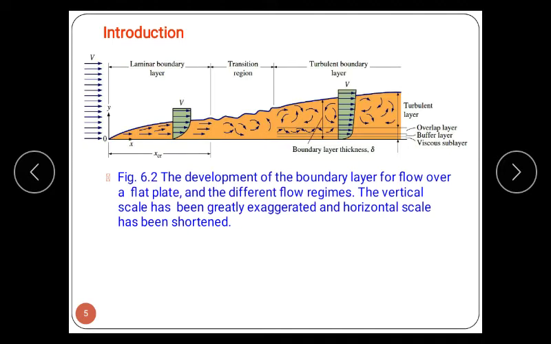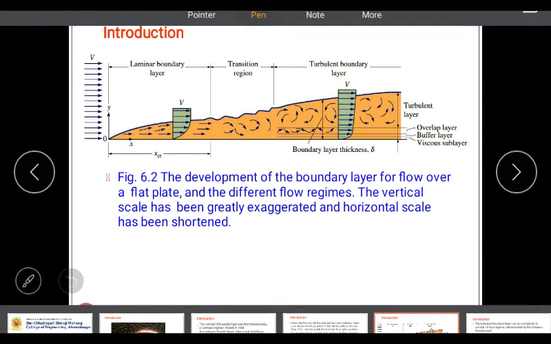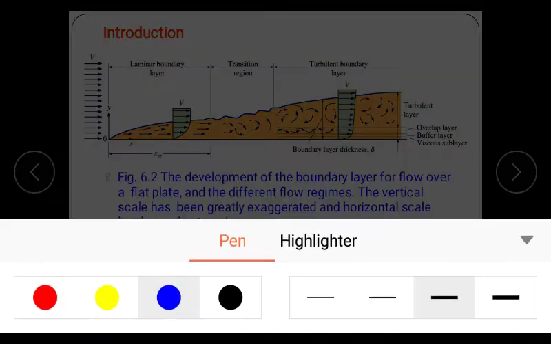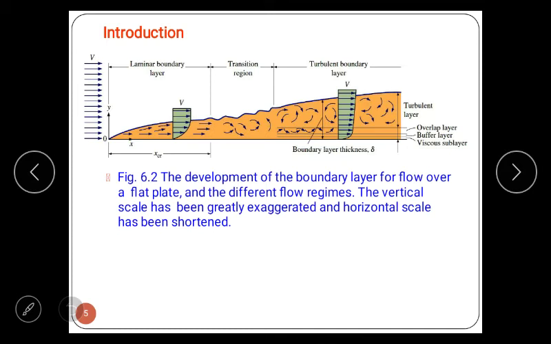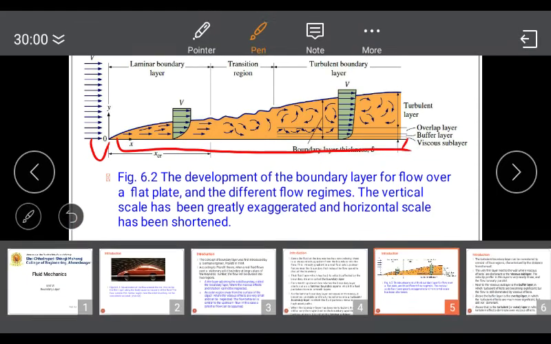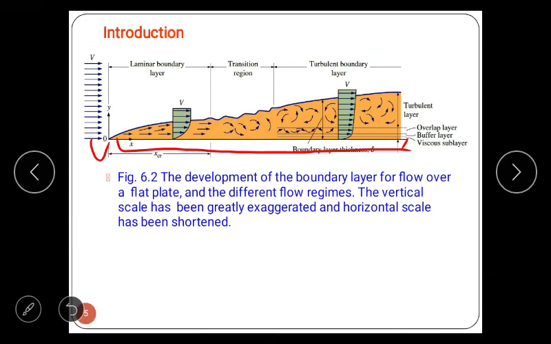In some books the free stream velocity is indicated by the letter U. Here we have denoted it by V, it may be denoted by U. This is the plate, shown as a single line.